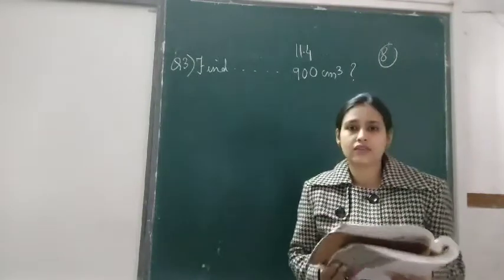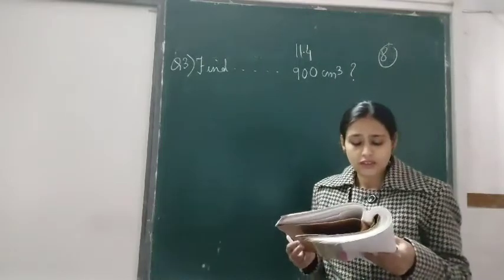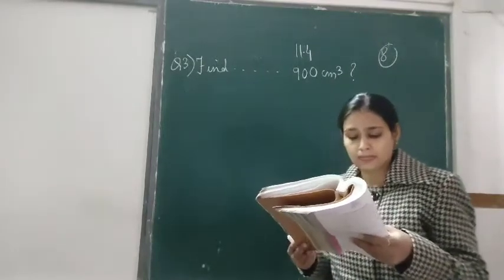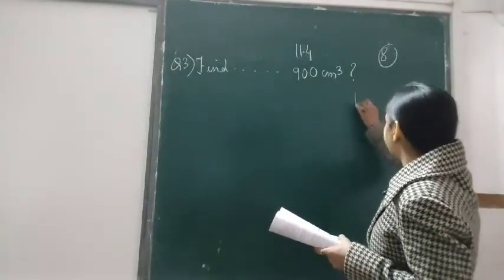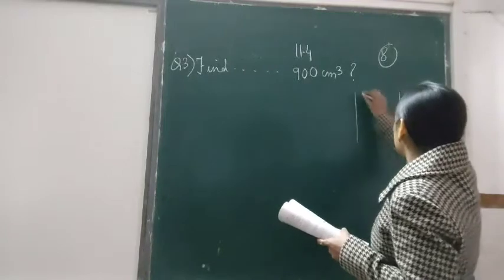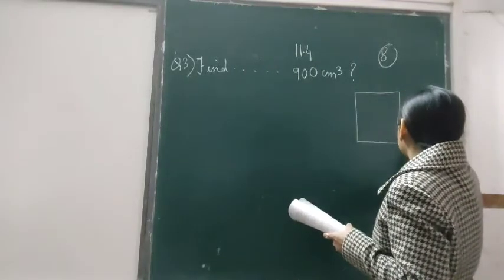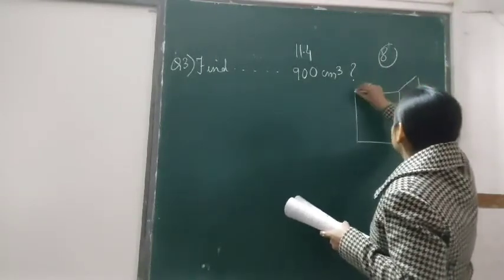So first and second we have already done yesterday. Today we are starting with the third one. Find the height of a cuboid whose base area. Find the height of a cuboid. Let's make a cuboid. Children, whenever we make a diagram, it becomes easy for us to solve the question.